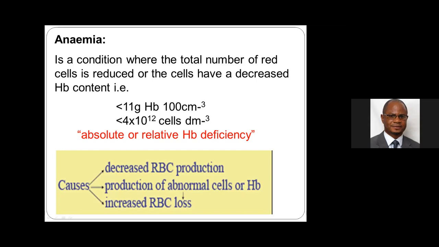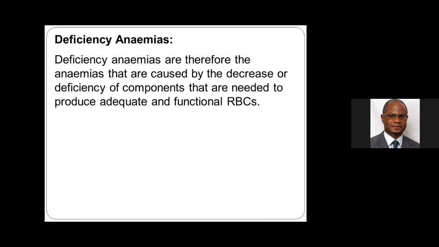There's decreased production, so the number of red cells being produced is low. There's production, but the cells being produced are abnormal, or the hemoglobin being synthesized is abnormal. Then there's loss of red blood cells more than normal. These can cause a decrease.